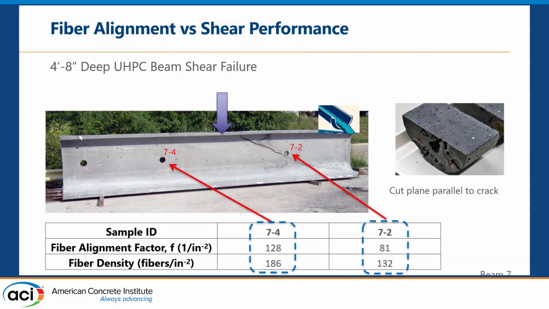We calculated the fiber alignment factors and the fiber density for the two samples. As you can see here, at location 4, both the fiber alignment factor and the fiber density were much higher than at location 2, which is consistent with the shear test result that we got.